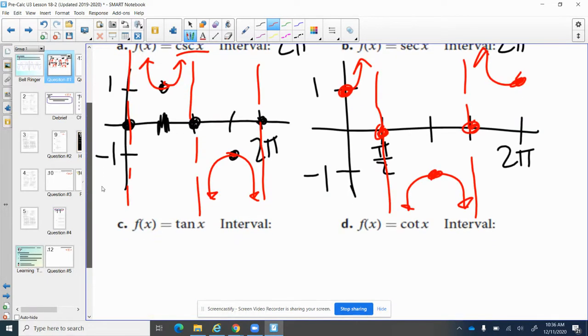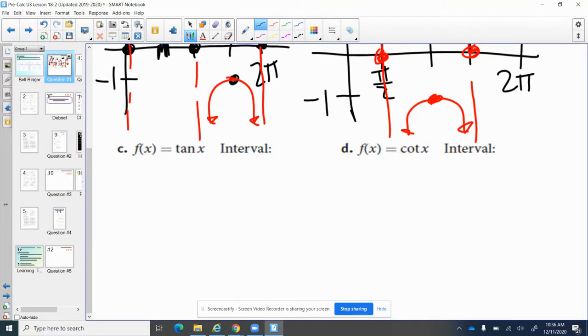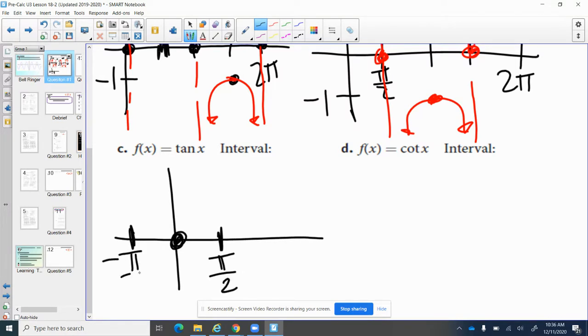Now our tangent graphs are a little bit different, because tangent of 0 is 0, but tangent is going to be undefined at pi over 2 and negative pi over 2, and then at pi it's back to 0, and then by 3 pi over 2 we're undefined again.